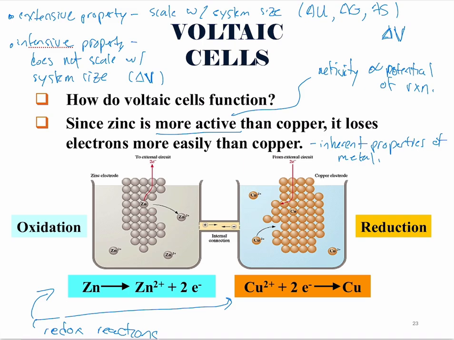And the reason I say this is because when we determine standard cell potentials and things of that nature, it depends on the modification of the redox reactions, but we're not going to change the values for the standard reduction potentials for these systems.